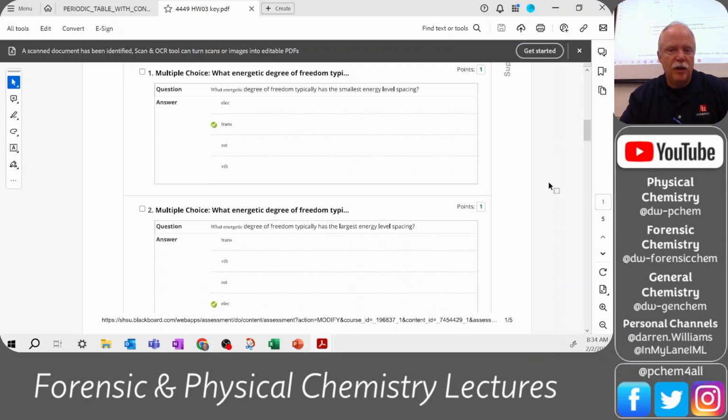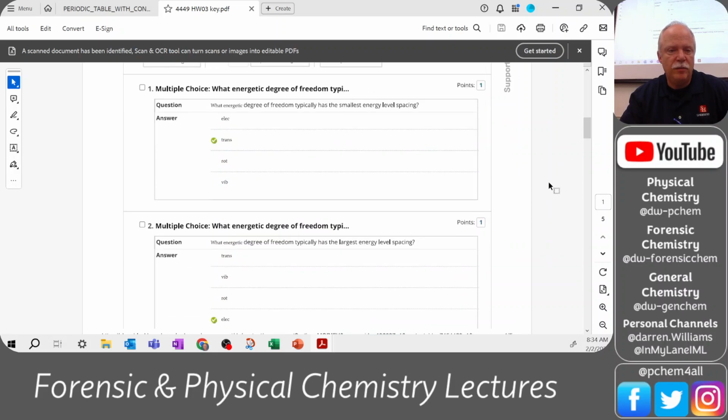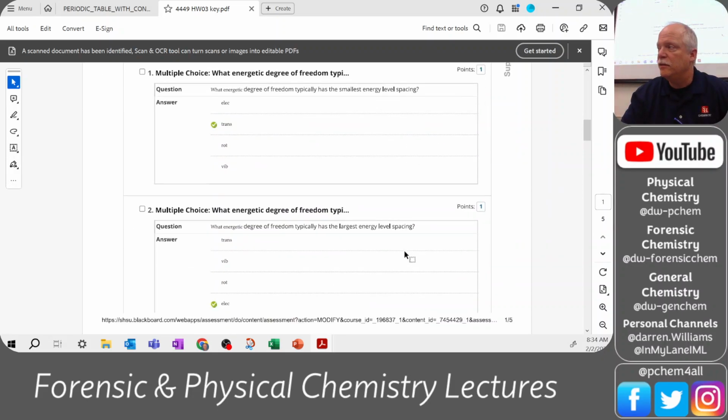Okay. So, are y'all pretty good on these? The smallest energy level spacing, the largest energy level spacing? Do y'all understand the different kinds of energy level spacings we have? Okay, the best way I can think of this is to think of the stairwell. The stairs are our idea of quantized states. You can be on stair 0, 1, 2. Those are quantum states.